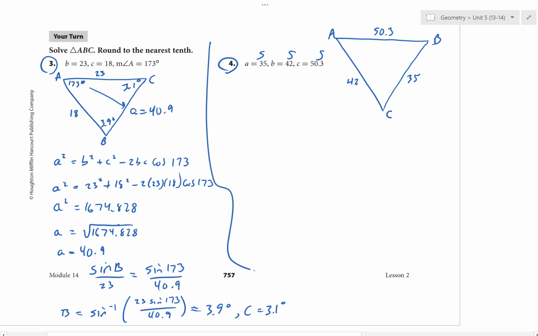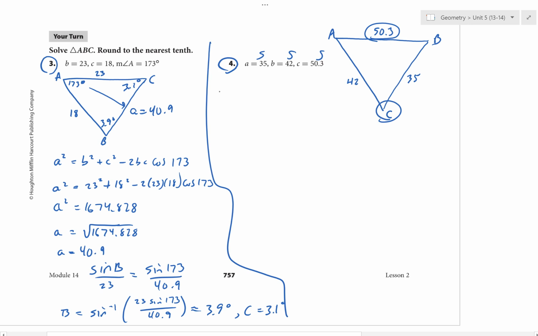For problem number 4, this is SSS, so this is where we have to be really careful with the algebra, and we always want to find the largest angle first. Since 50.3 is the largest side, we have to find angle C first.